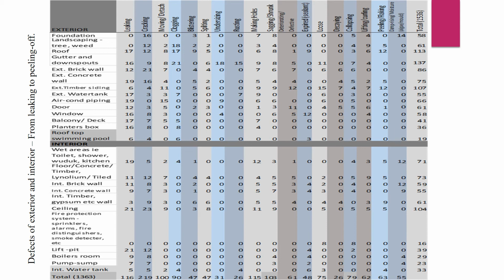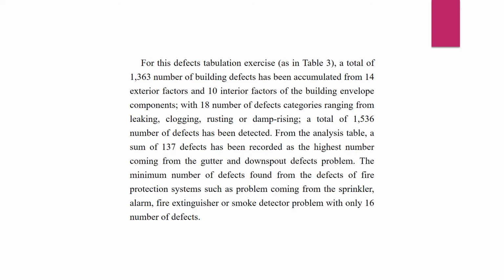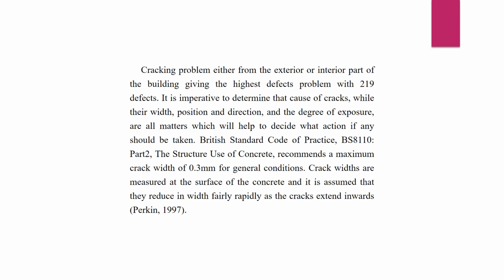So leaking and cracking is the most problem from this data collection. Okay, the data just mentioned from the table 3 just now, just explain it. Okay, you can refer to it in the paper later. Cracking is the most problem, as I mentioned before.